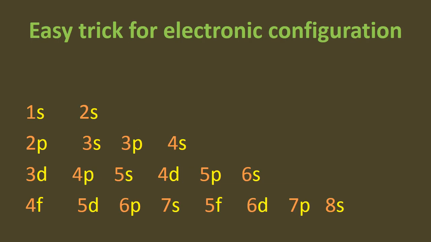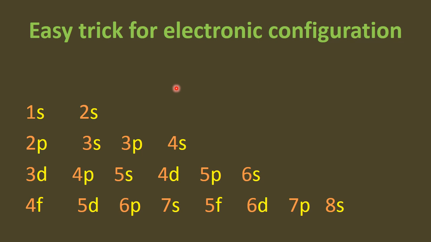Now you are all familiar with the shells and subshells. The shells are K, L, M and N, while the subshells are S, P, D and F. Here the question arises of how we have to arrange the subshells for the accommodation of electrons. So I have a very easy trick for you, for your convenience.